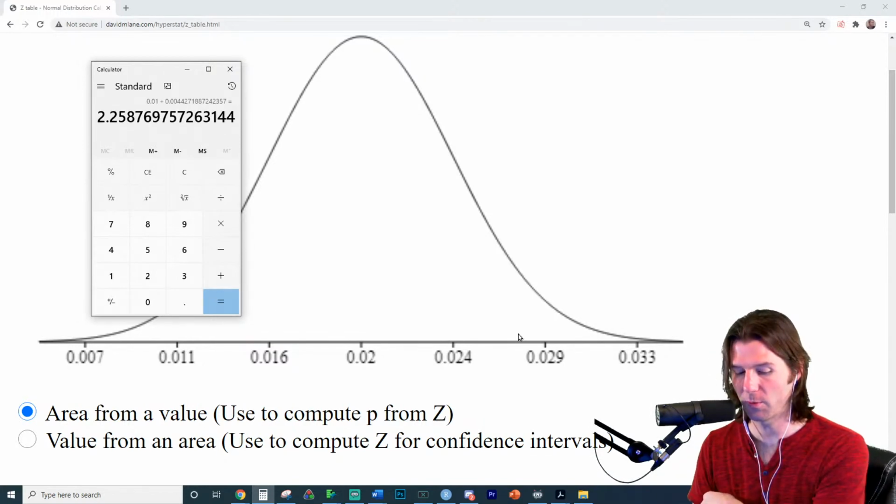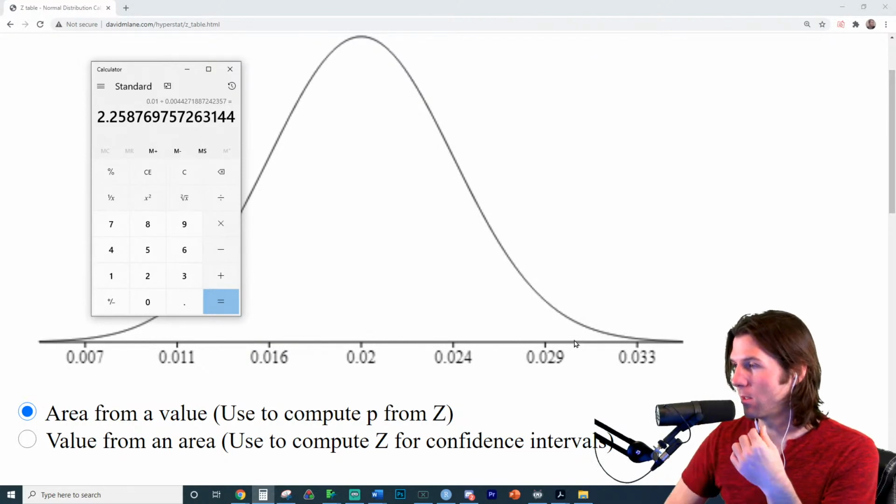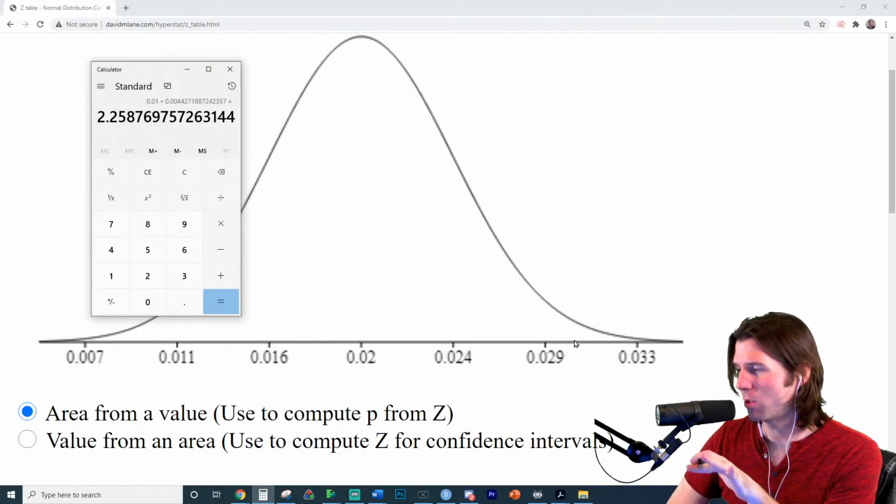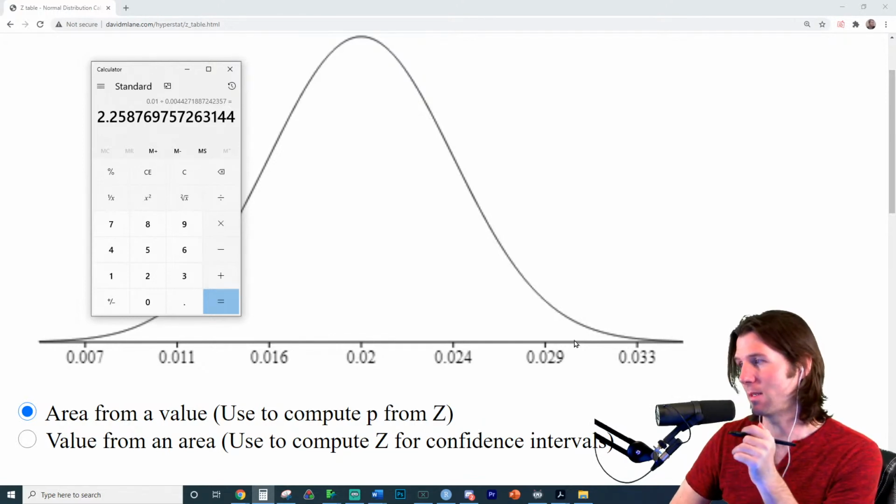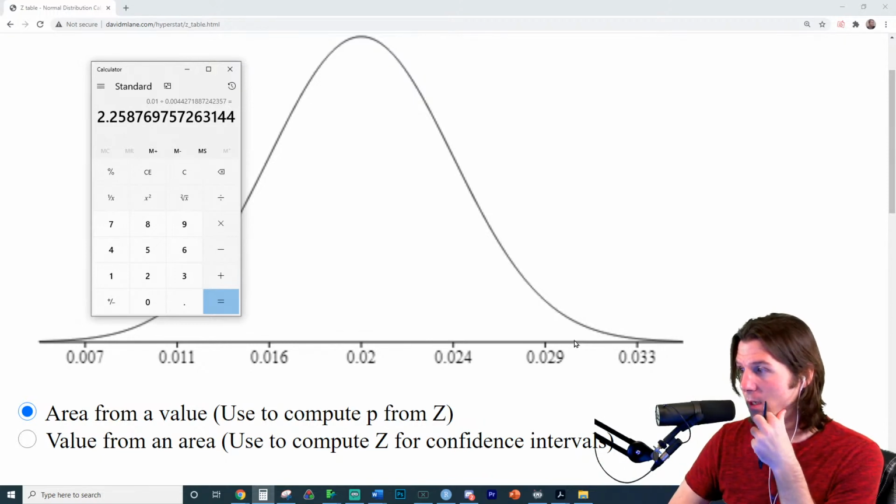It's 2.25 is where the z-score would be at. And so what do you notice? That 3 is a little more than 2 standard deviations away, so I'd be a little bit hesitant. I'd say there is the possibility you could get 3% defective products. It seems unlikely, but in this shipment of 1,000, it's not out of the bounds of reasonable possibility that you could see 3% defective product.